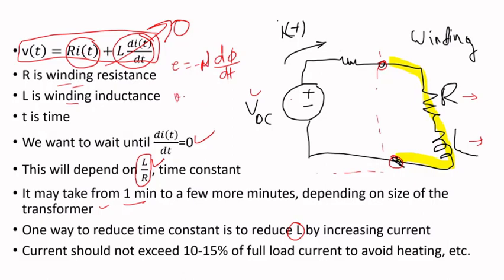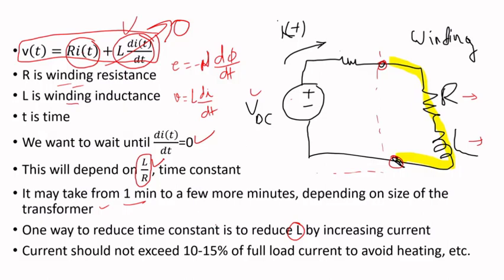Then we know the voltage from this equation here is also inductance times rate of change of current with respect to time. So if you equate the two, what you will notice is to decrease the inductance, you have to increase current, which will increase flux, which will lead to core saturation. That's what you are really after.